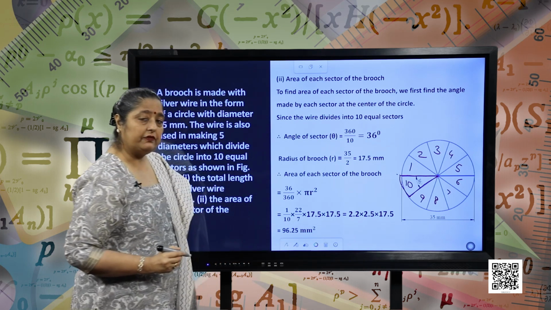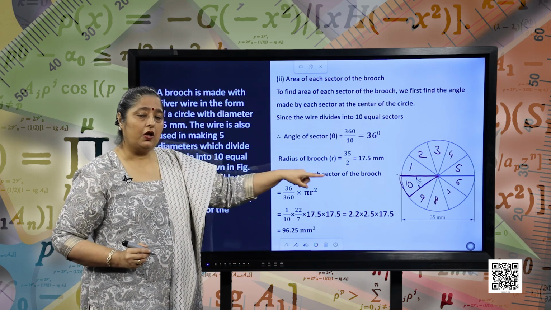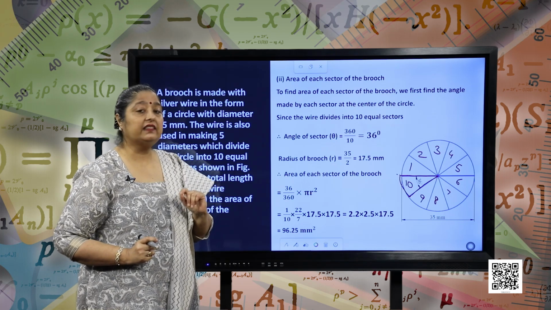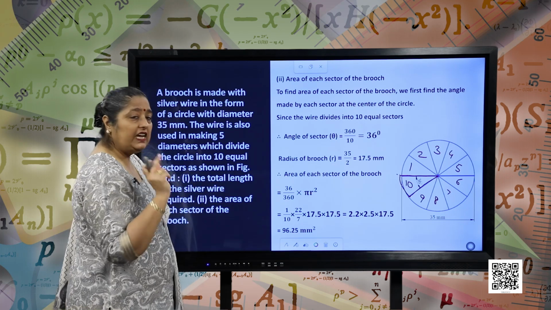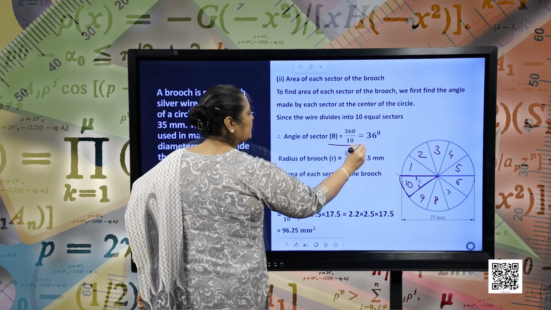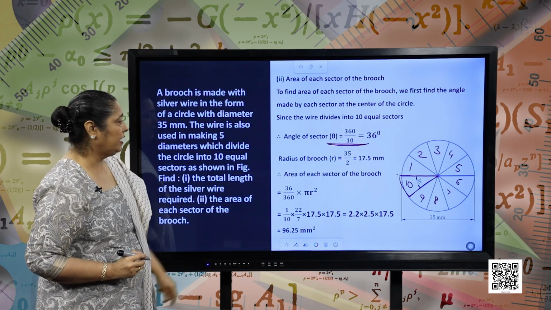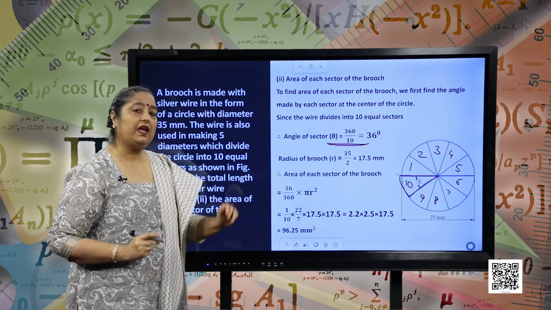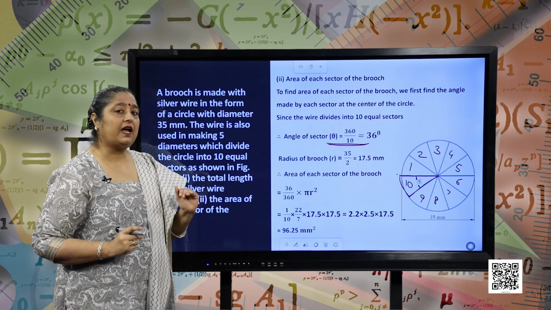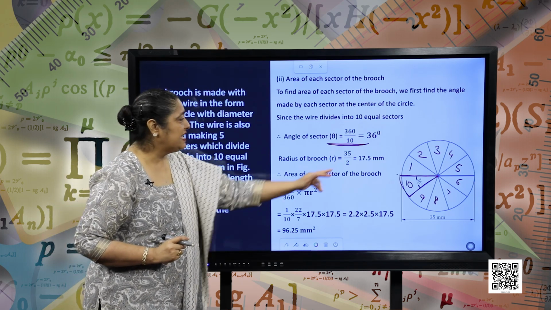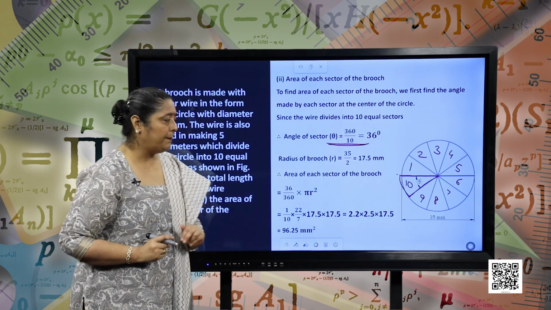The brooch has been divided into 10 equal parts. What is the total angle of the circle? It is 360 degree and there are 10 equal parts. So, each angle will be 360 divided by 10, that is 36 degree, and radius of the brooch will be half of the diameter. The diameter is given as 35 millimeter. So, radius will be 17.5 millimeter.